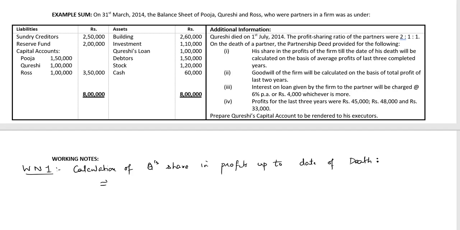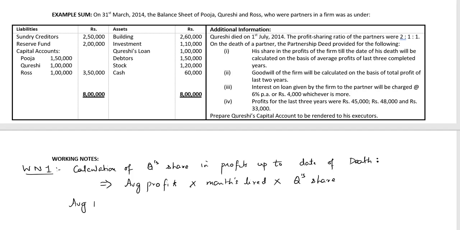This is equal to average profits multiplied by months lived multiplied by Qureshi's share.